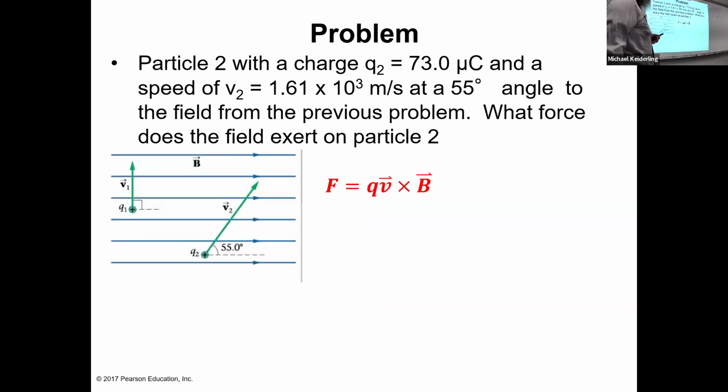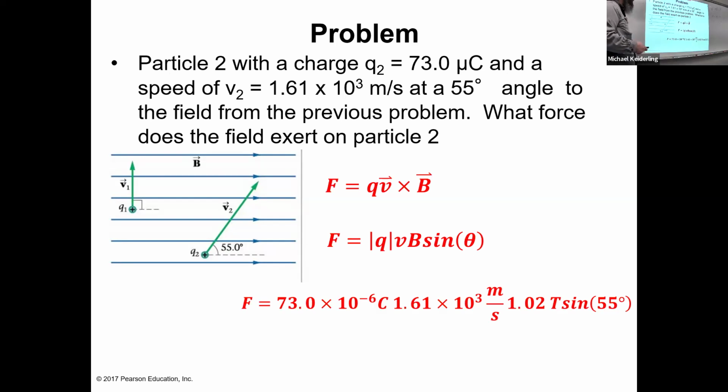So here, force is charge times V cross B. So it's charge times velocity times magnetic field times sine of the angle.